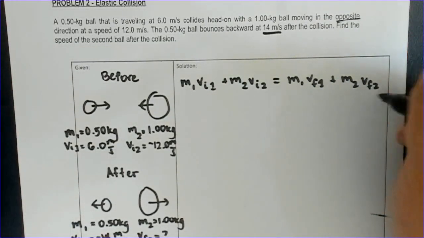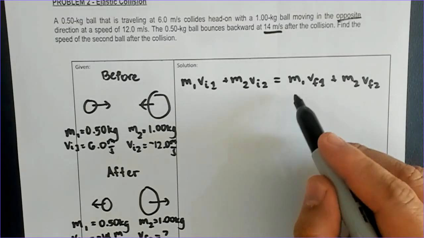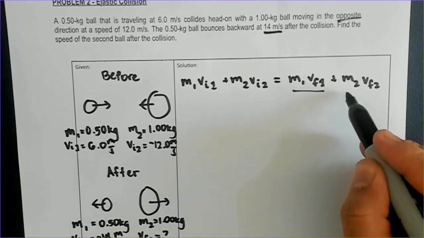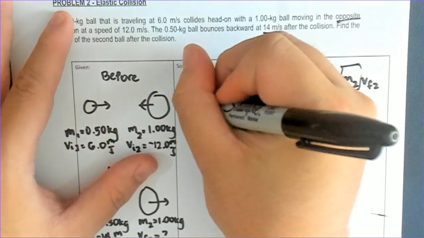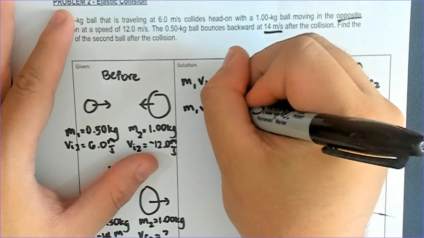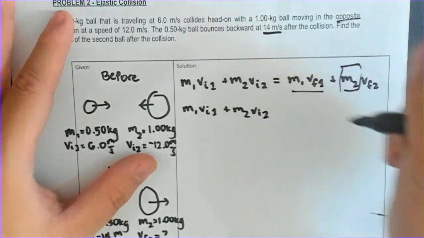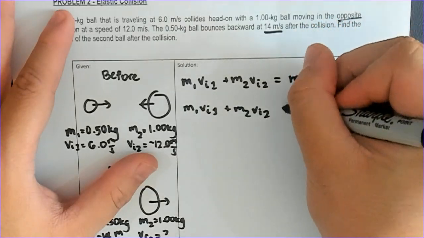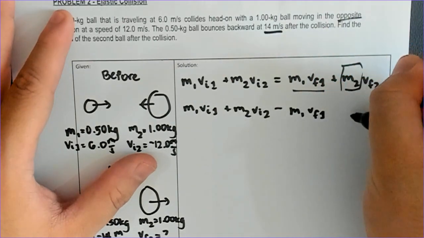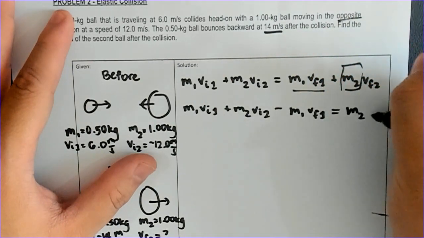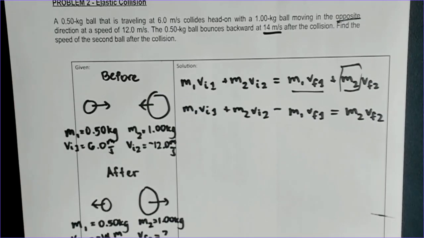First step would be to transfer this particular term to the other side and then to transfer m2. So it becomes m1 vi1 plus m2 vi2, but this one being transferred becomes minus m1 vf1, is equal to m2 vf2. So that's one thing transferred, done.